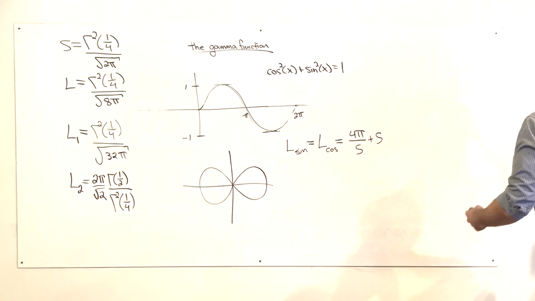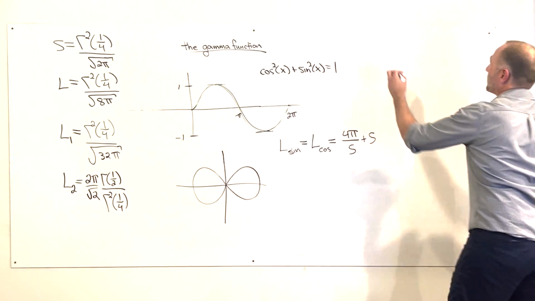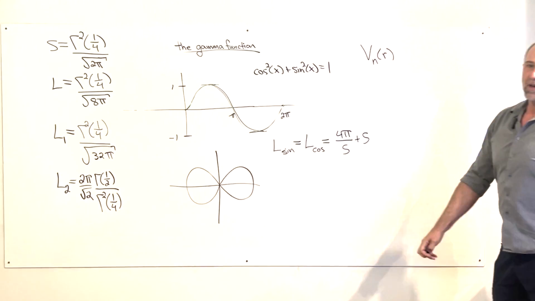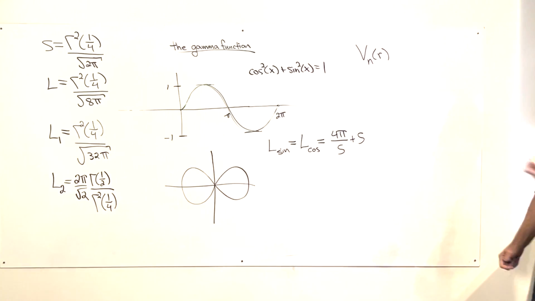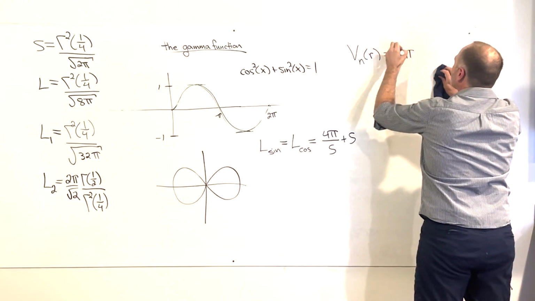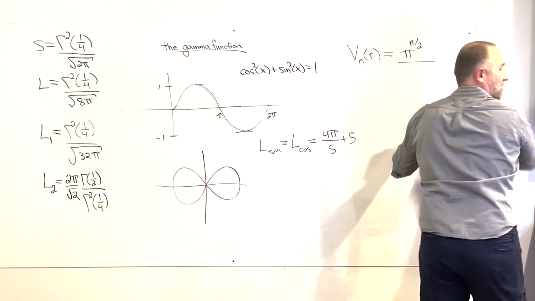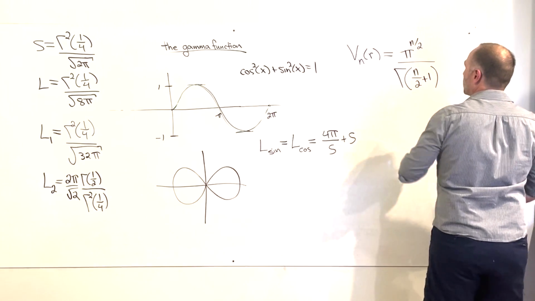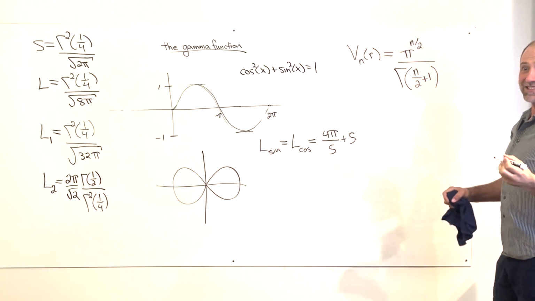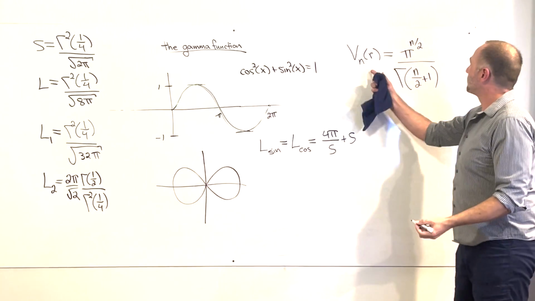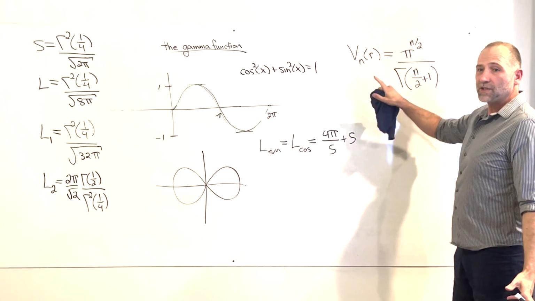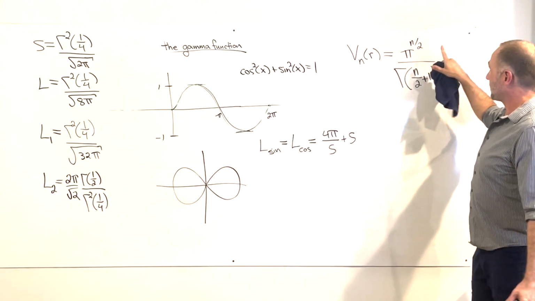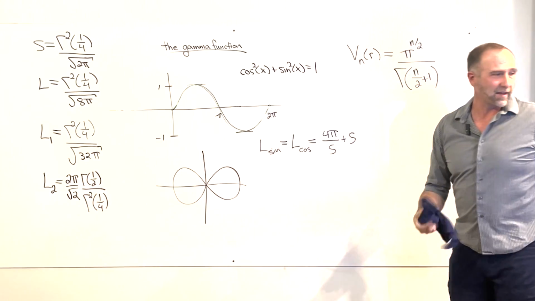It is related to, let's see, the volume of an n-dimensional hypersphere is equal to pi to the n over 2 over gamma of n over 2 plus 1. So yes, intrinsically related. This is the volume of an n-dimensional hypersphere. Like, you want a 12-dimensional one, put 12 in for n, okay? 12 in there, 12 in there, and then this will calculate the volume for that higher dimensional sphere.